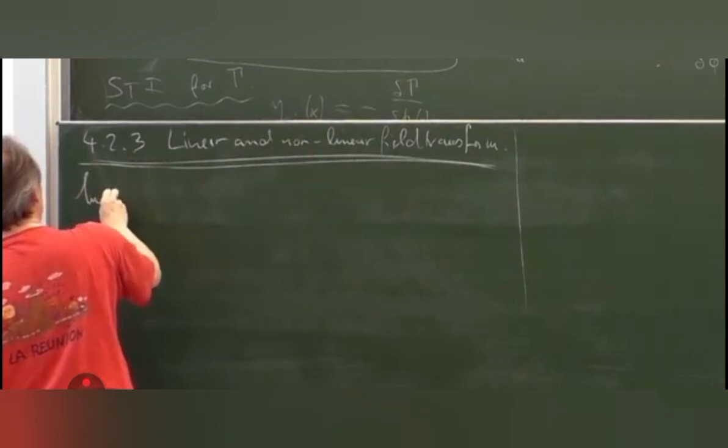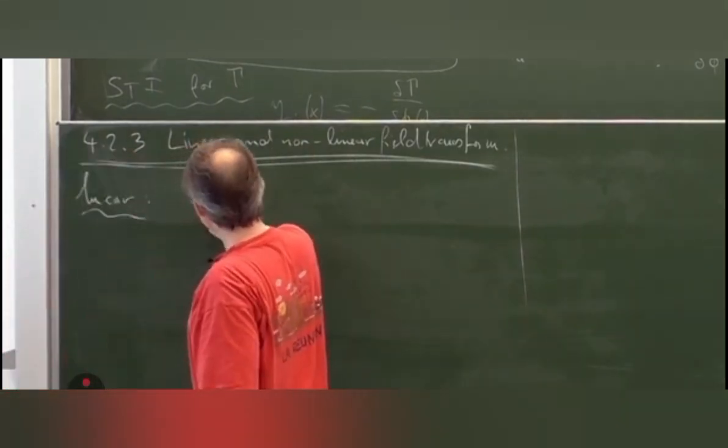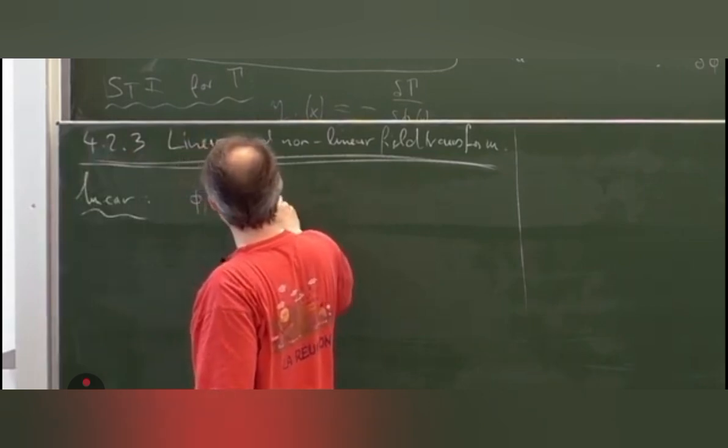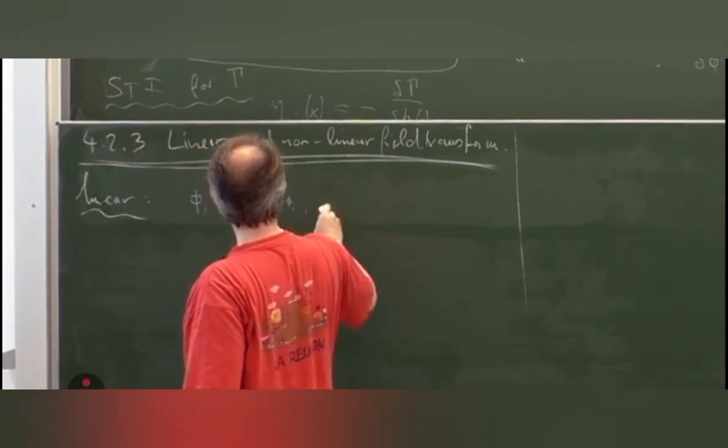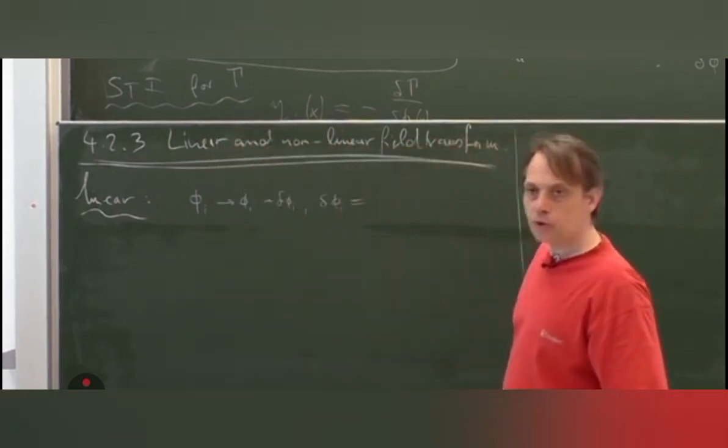And let us first begin with the linear case. So here we have phi I goes to phi I plus delta phi I, and this variation delta phi I is linear, more precisely speaking at most.